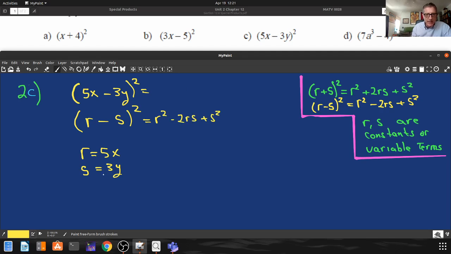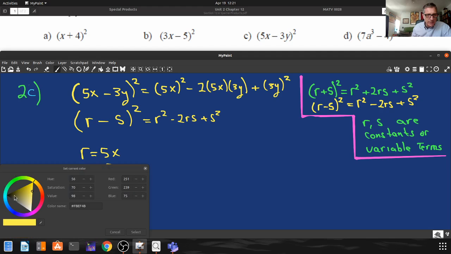So knowing that, and knowing what my r and my s is, I can just write it down. That's 5x squared minus 2 times 5x times 3y plus s squared, 3y squared.